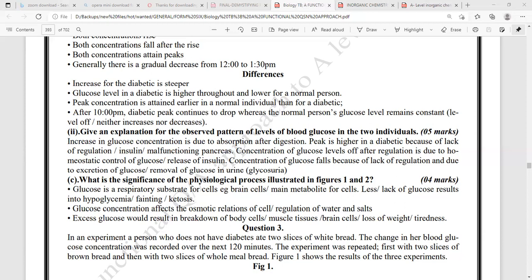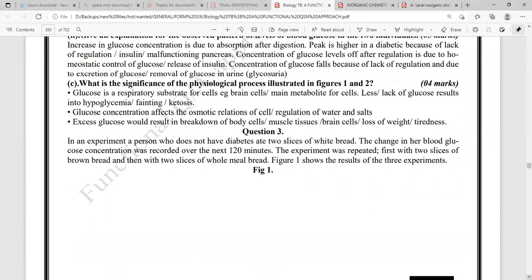You can also try out question 3, which says: in an experiment, a person who does not have diabetes ate 2 slices of white bread, and the changes in her blood glucose concentration were recorded over the next 120 minutes.